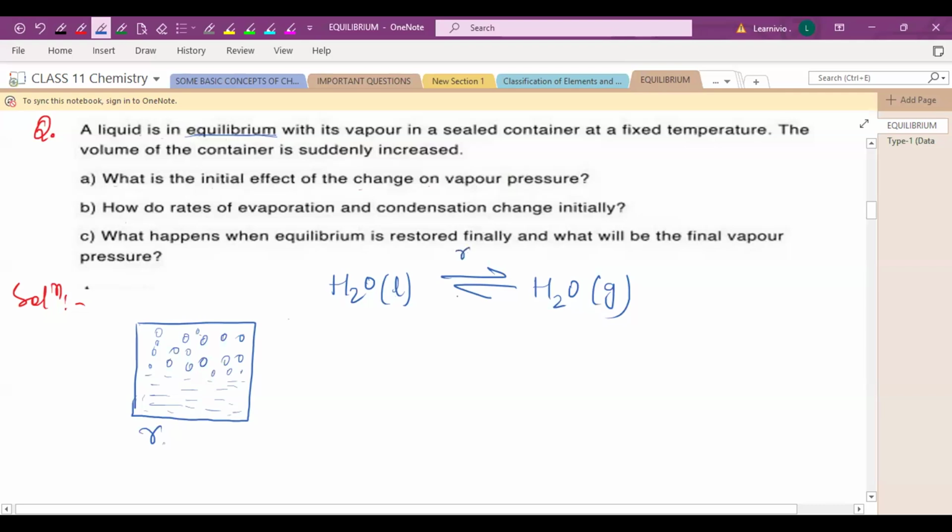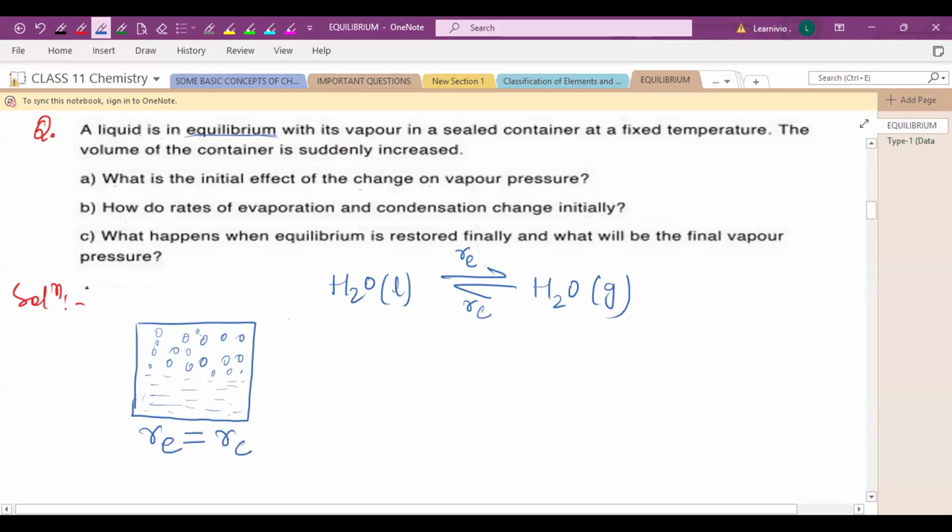This gas will convert into a liquid, and this process is known as condensation. At equilibrium, you know very well, the rate of forward reaction is equal to the rate of backward reaction. Here the rate of forward reaction is the rate of evaporation, since liquid is being converted into gases. So the rate of evaporation RE will be equal to the rate of condensation RC.